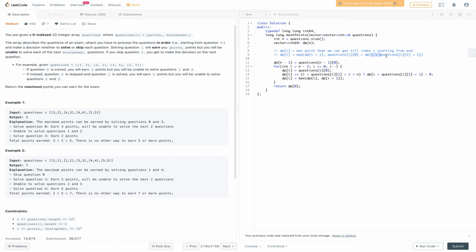And since maximum point is what we are storing, if we ignore this current question, we have to use the dp of I plus 1 value. So overall we store the maximum of these two and keep on populating dp at position I, and move backwards until we reach dp of 0.